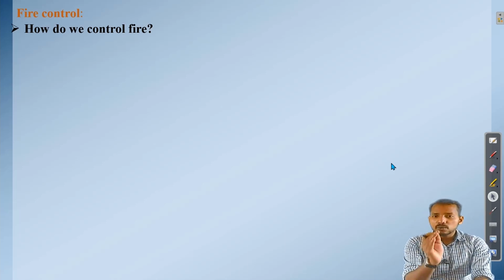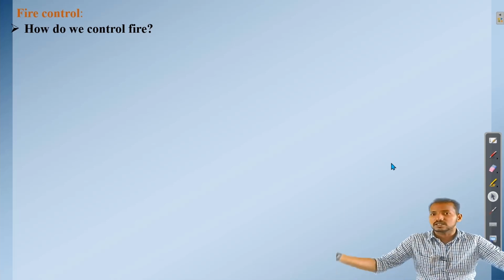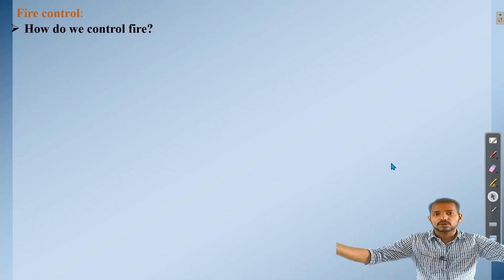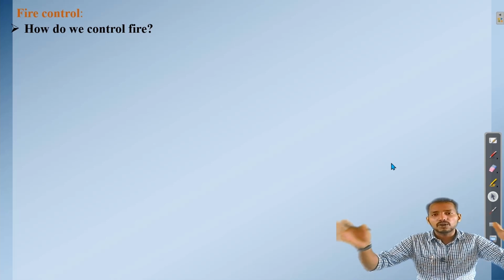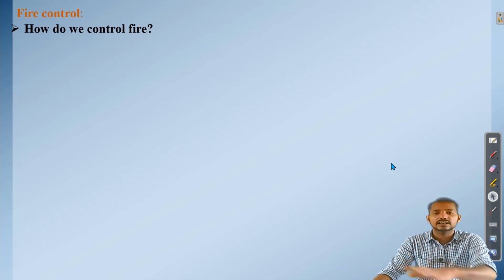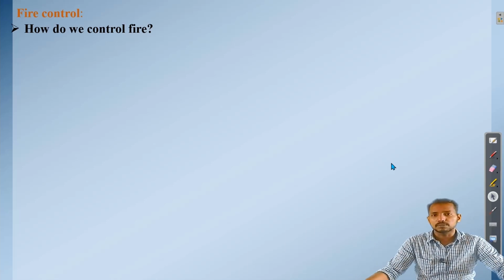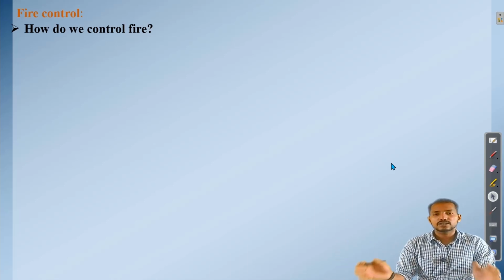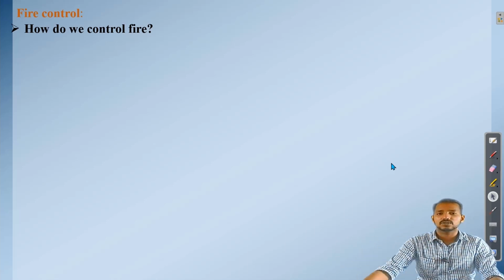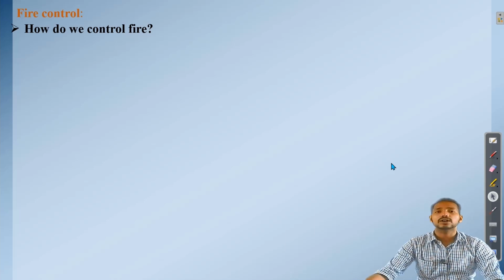But removing the fuel or the burning substance is not applicable in most cases. For example, if a building is burning, all the combustible substances inside that building become fuel. It can be table, chair, bench, everything. So it is not easy to remove or eliminate those.